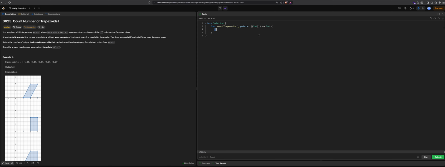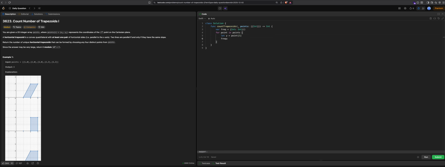So let's try to tackle it with the code along the way, and I will try to explain. Let's calculate the frequency of how many points we see for each y, keeping it in a dictionary. Let's loop over point in points, and let y be point[1], since 0 is x and 1 is y.